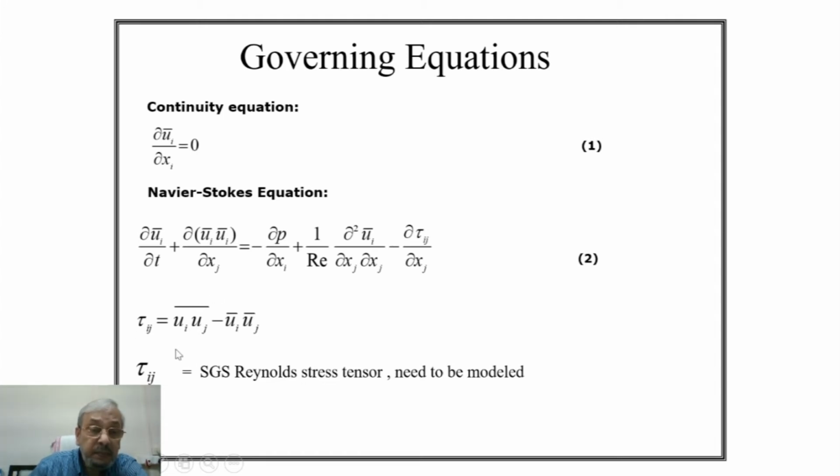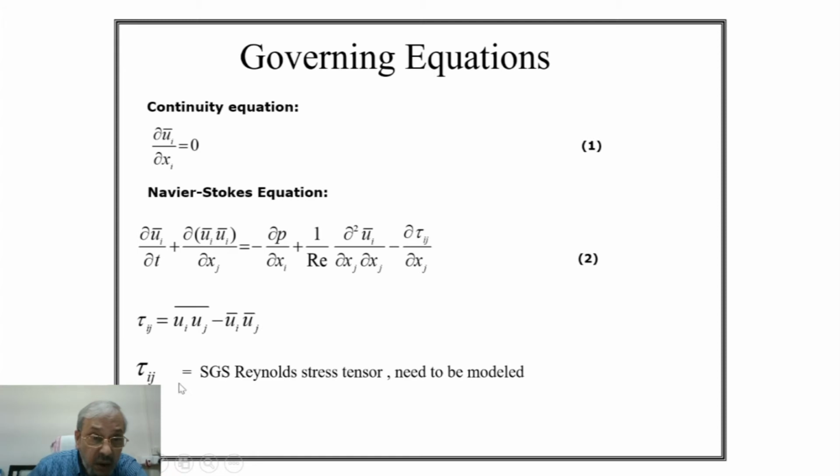Tau ij, if we apply the filter operation on the basic Navier-Stokes equations, we will produce a term which is given by tau ij, and this is ui uj over bar, this over bar is filtered, minus ui bar uj bar.